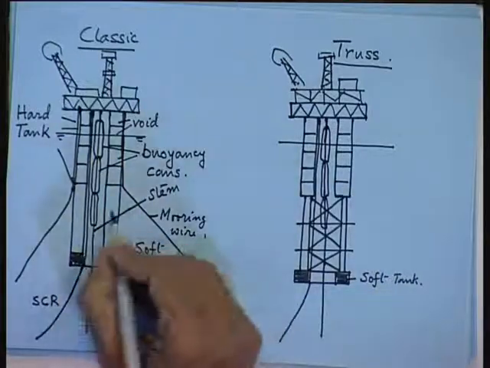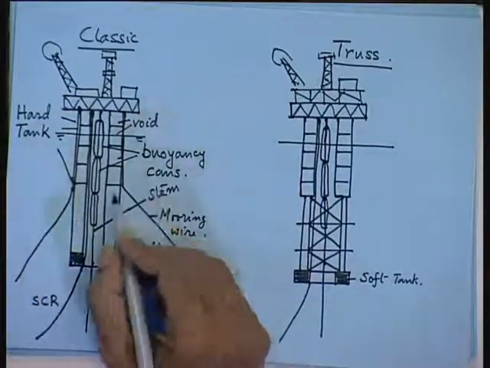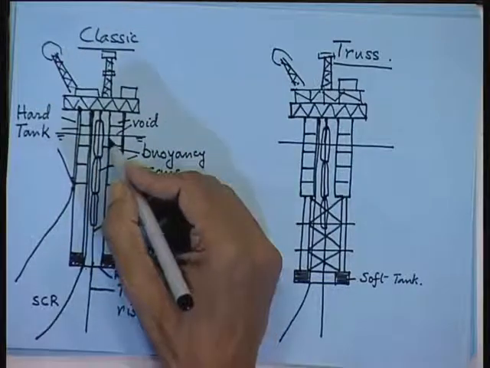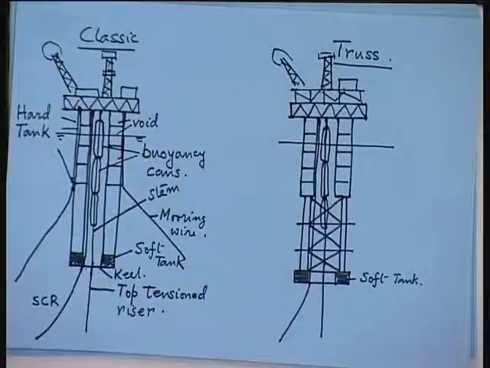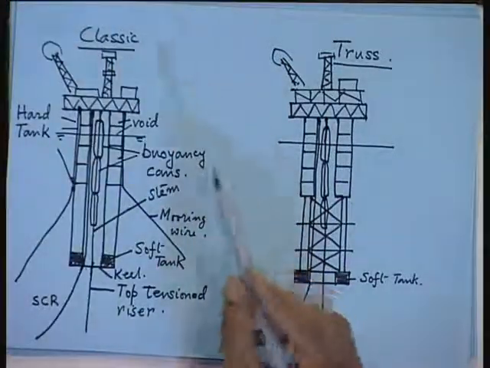Now, here actually if you close the sides, you will have a lot of entrained water in this column that can complicate the hydrodynamics of the platform. So, most of you have to do a lot of calculations on the hydrodynamic side.